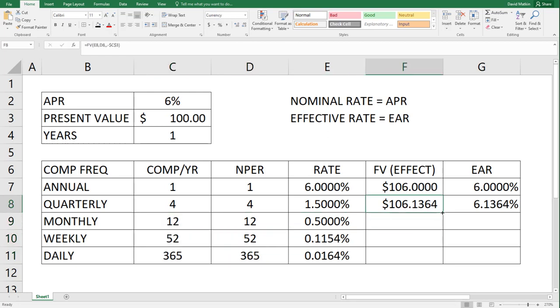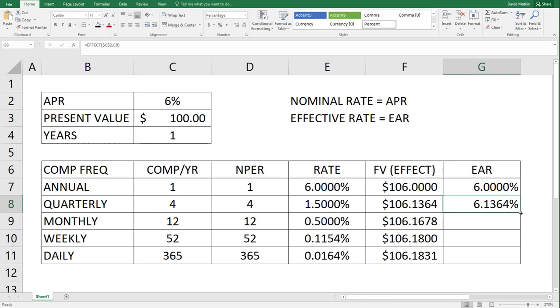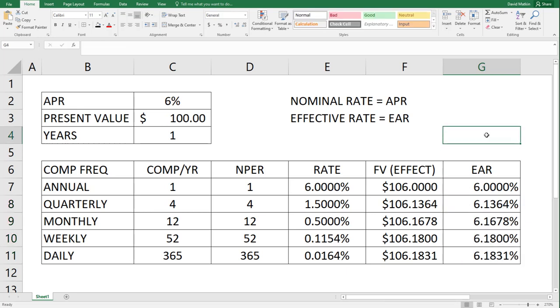So let's see, as we compound more frequently, the effective rate of growth is larger, like it has a bigger effect. So we can see this if we look at the EAR. And this just means that $100 is going to grow to something a little larger every time we compound more frequently.